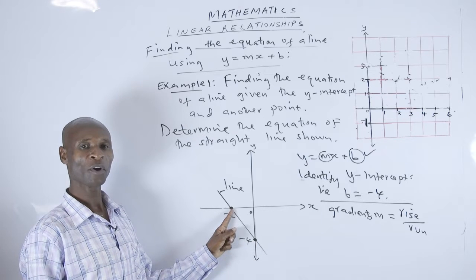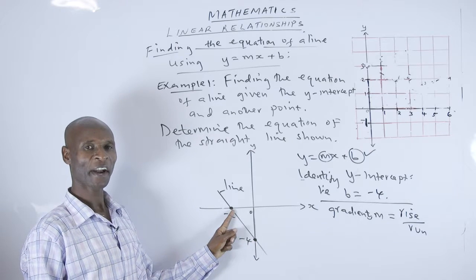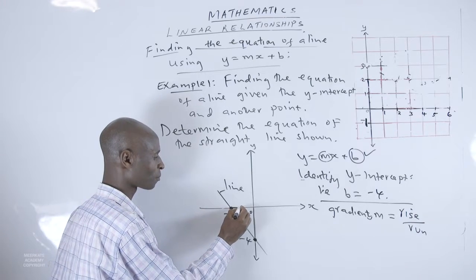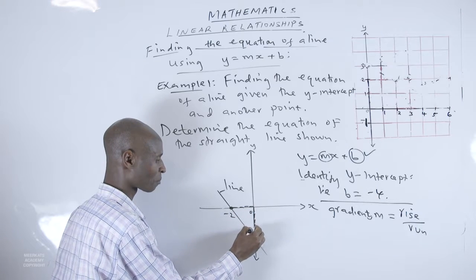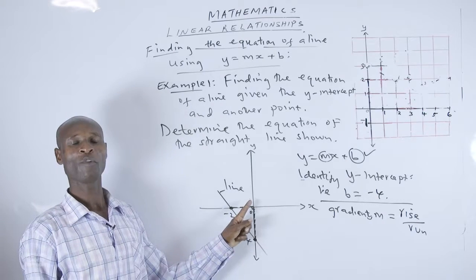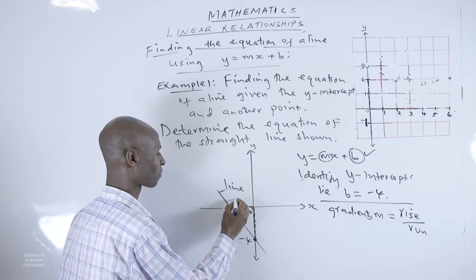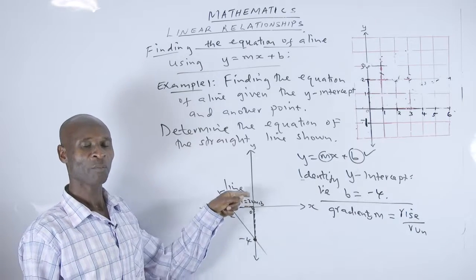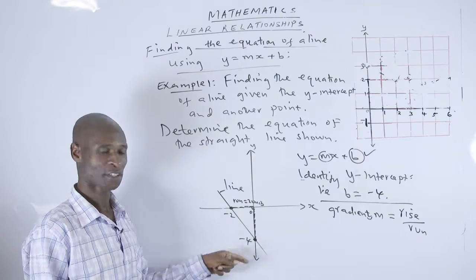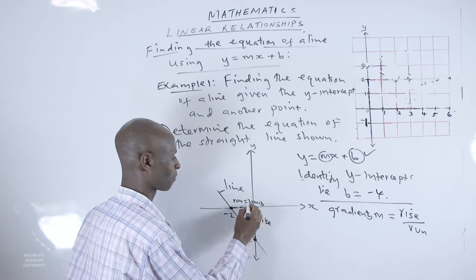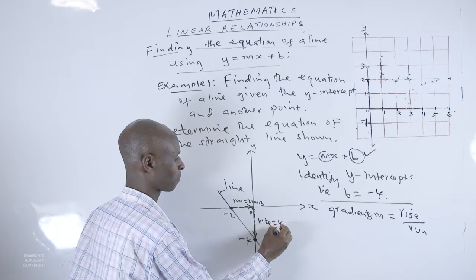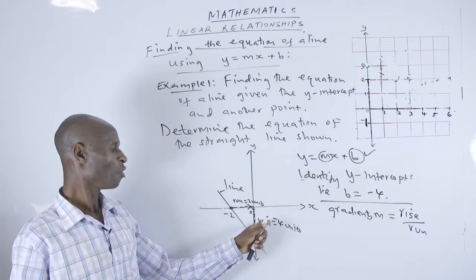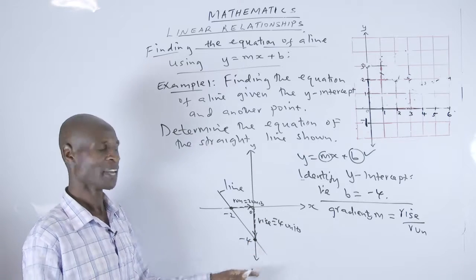So if we consider the point (-2, 0), then the run, we shall move across. If we consider the right-angled triangle, we shall move across 2 units. Then we shall move downwards 4 units. Because we have moved downwards, we represent that by a negative.